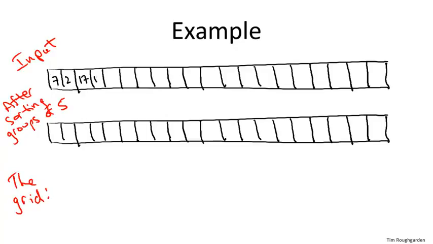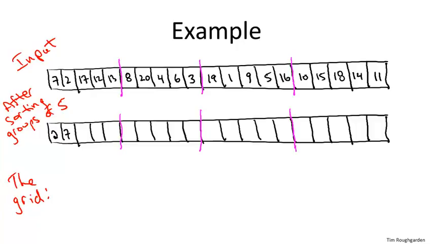There's going to be the version of the array after we sort each group of 5. And then I'm going to show you the grid. So here's the input array we're going to use. Let's now go ahead and delineate the various groups of 5. So after sorting each group, we get the following.